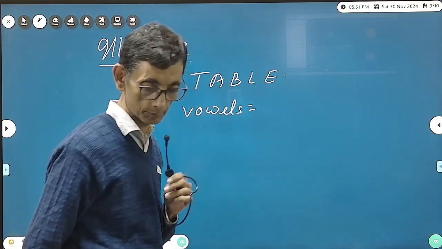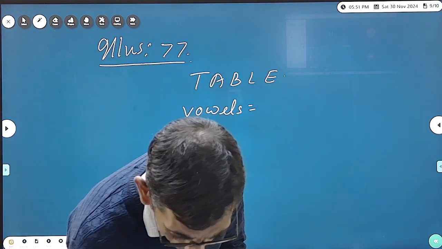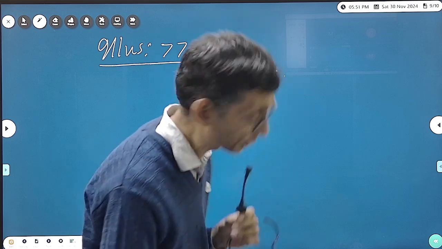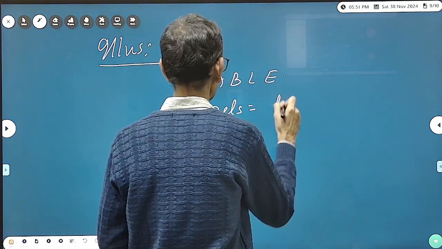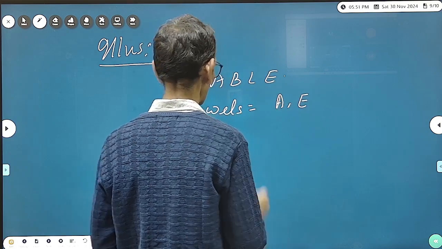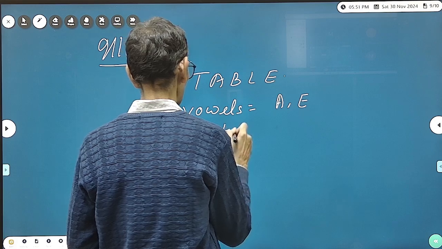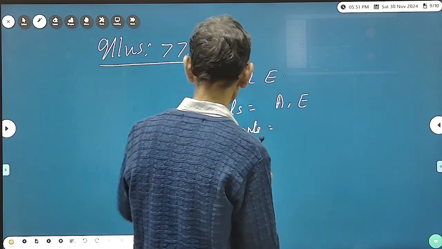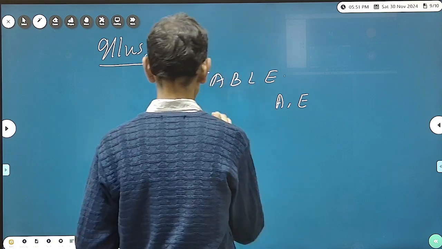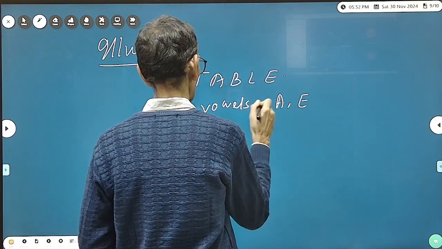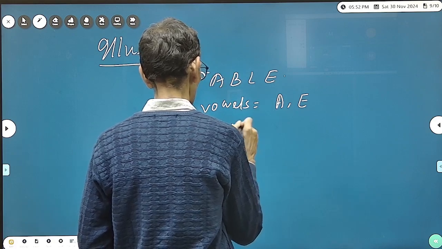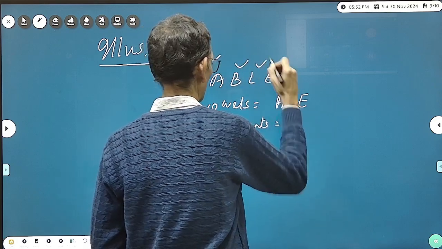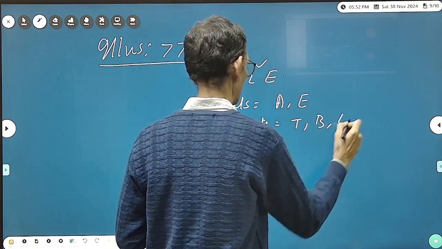How many vowels are there? In the word table, the vowels are A and E. Consonants are T, B, L. So what's the question?